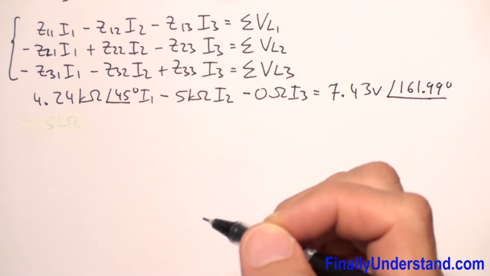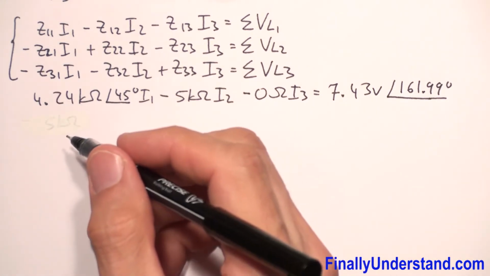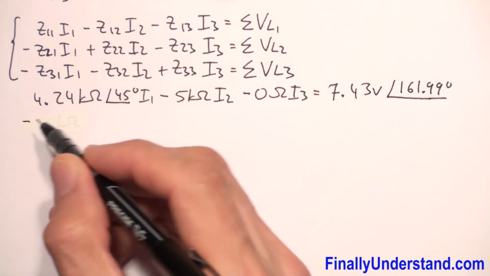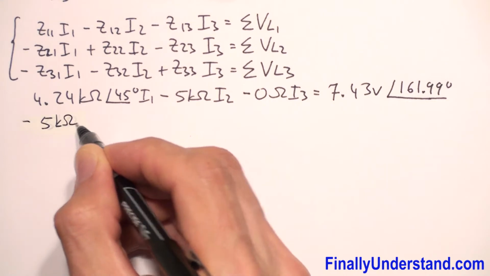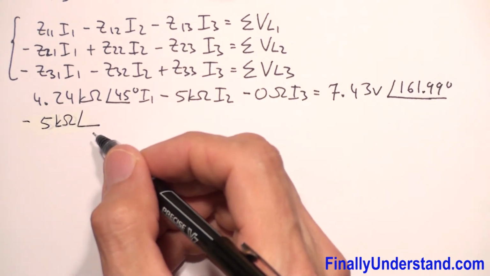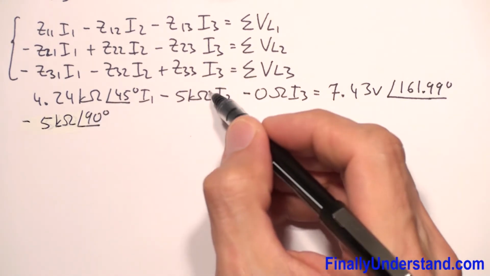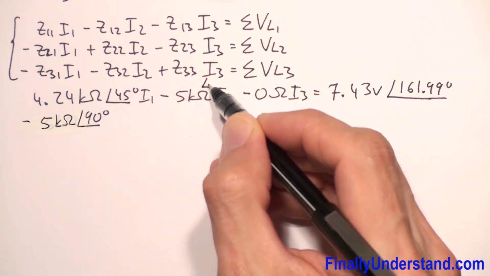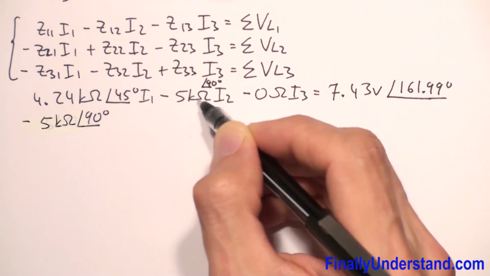Next we're supposed to write the second mesh equation. So I have Z21, so I have negative 5 kiloohms and angle of 90 degrees, and I forgot to add 90 degrees over here, so add 90 degrees. This 90 degrees belongs to this 5K.